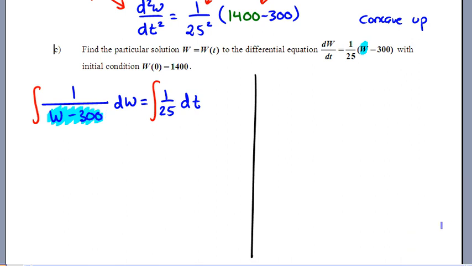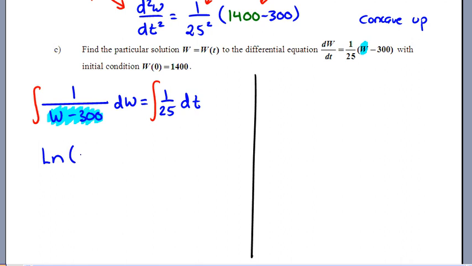I know how this is going to unfold. This is going to turn into the ln of w. Let's put absolute value bars on just to be safe. The ln of w minus 300 is equal to 1/25th t plus a c.